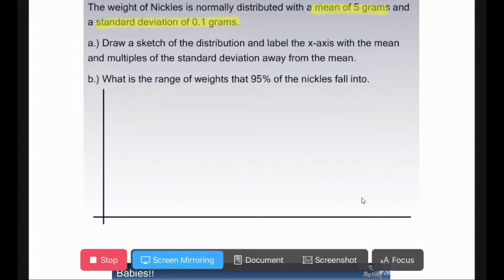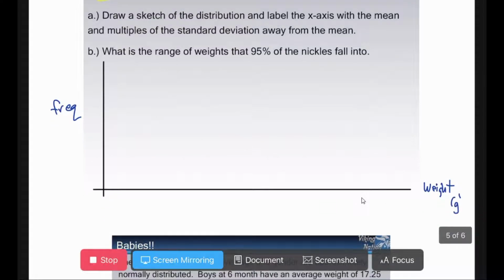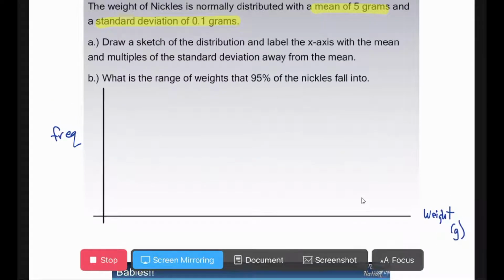We're going to have our frequency. On the bottom, we are dealing with weight or mass measured in grams. And we're dealing with a mean of 5 grams. So draw a sketch of the distribution, label the x-axis with the mean and multiples of the standard deviation away from the mean. So let's start with our mean, 5.